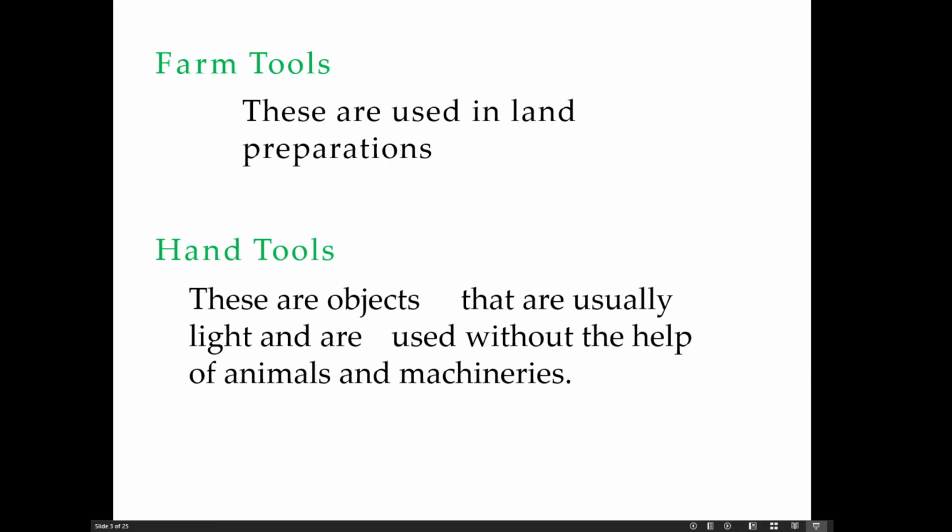Usually gumagamit lang kayo ng mismong kamay nyo for you to be able to use the tool. Hindi sinabi dito na with the help of machine, with motors, electricity, or yung mga de-gasolina na mga makina. Okay? So that is the hand tools.